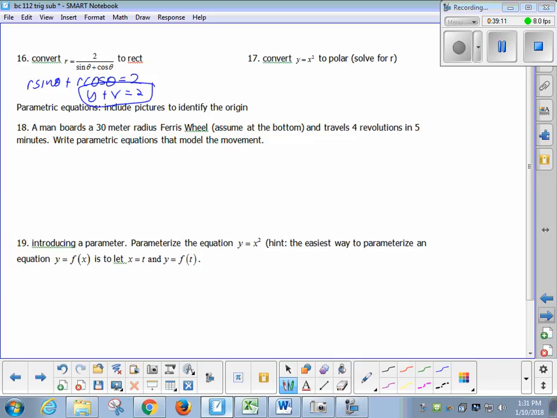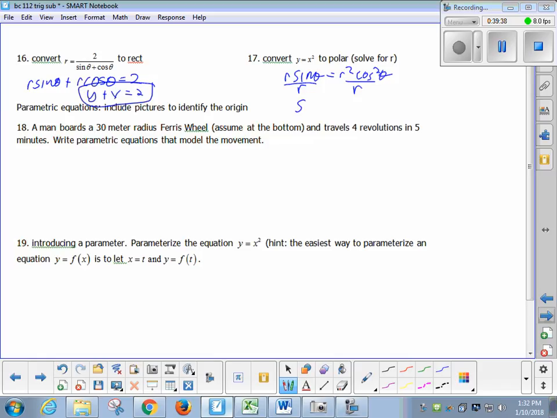Okay. This one feels like it's breaking a law of math to students. You have been taught, and taught well, to never divide out a variable. But this is an exception to the rule. You don't divide out variables because you lose 0 as a solution. But in this case, if you divide out r, you still have on the graph 0 as a point.